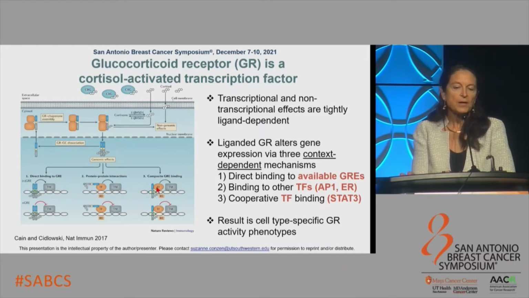Finally, there can be composite glucocorticoid receptor binding through both glucocorticoid receptor response elements and the partner transcription factor element. Together, the result is cell type specific glucocorticoid receptor activities and phenotypes.